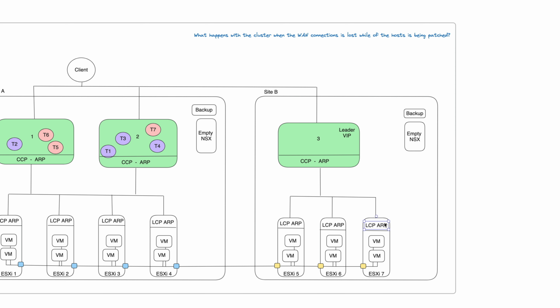The local control plane is able to serve an ARP cache, and this ARP cache is used as long as we don't have any central control plane.